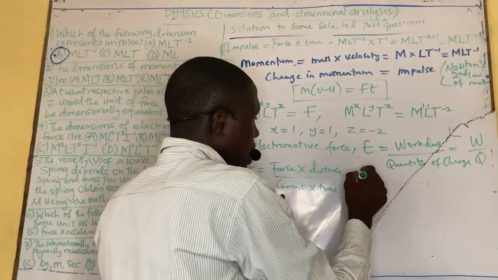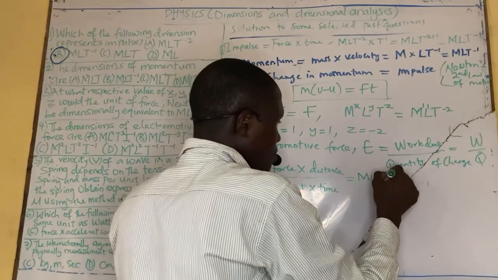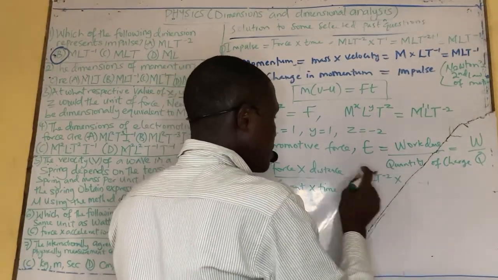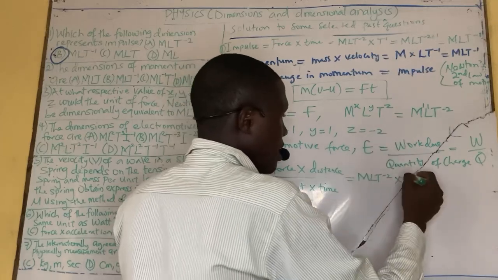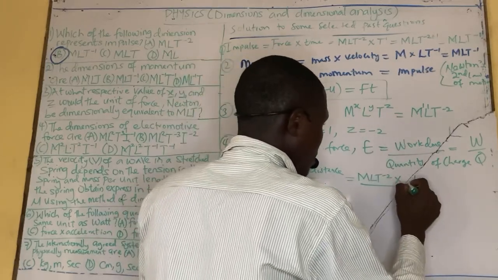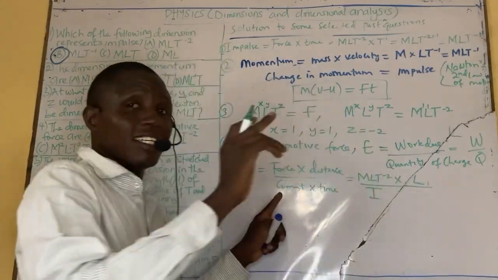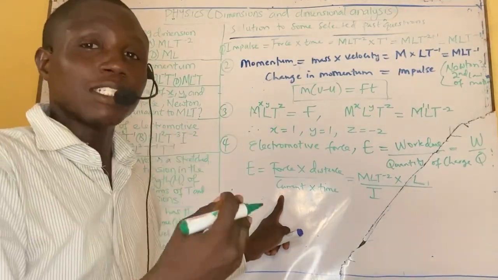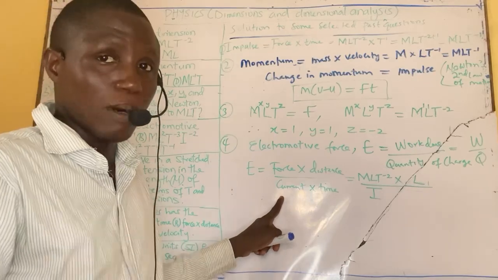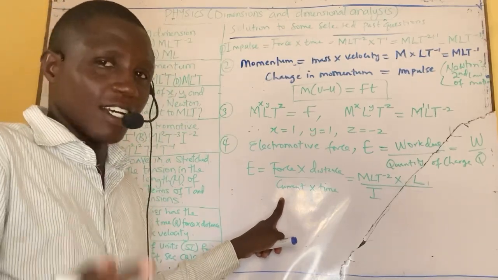The dimension of force is ML per T squared, times the distance, which is length L, all over the current. The dimension of current is I. Current is part of fundamental quantity, but not part of basic fundamental quantity. Please know that.